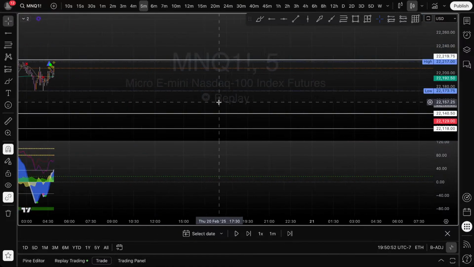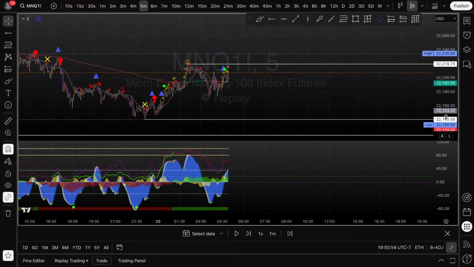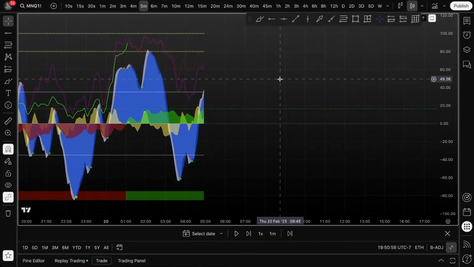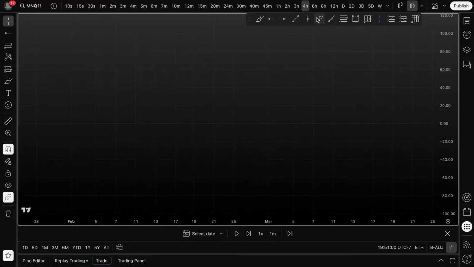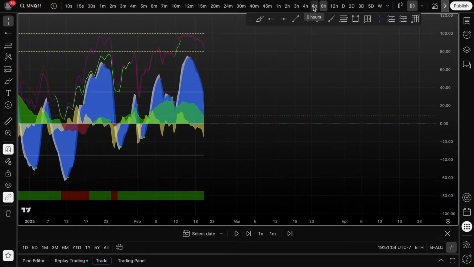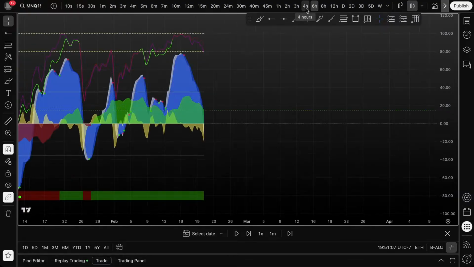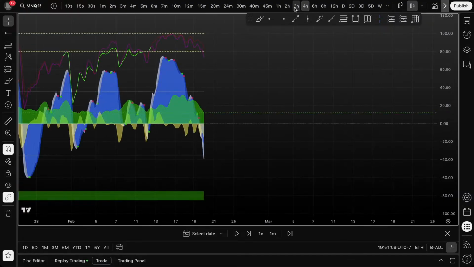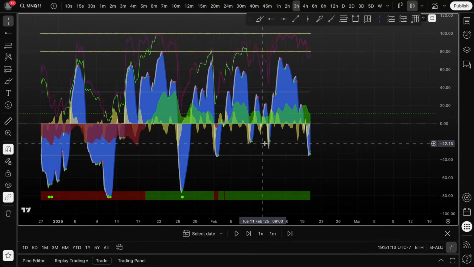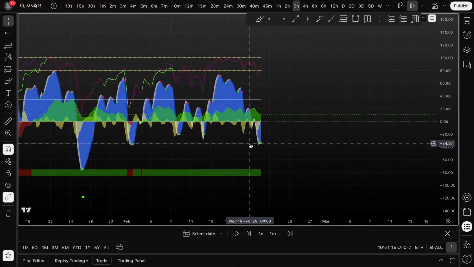All right, folks. What's price want to do? Let's get a little bias going. 12-hour bearish, bearish, bearish. Oh, I like that 6 bear. 3-hour, bulls are hanging on.